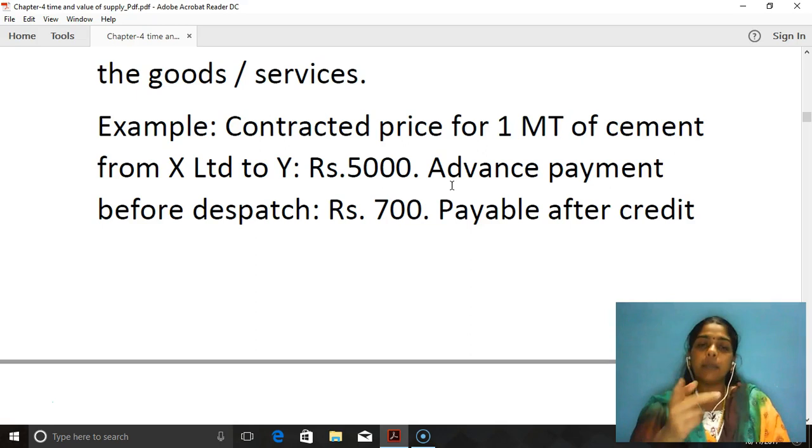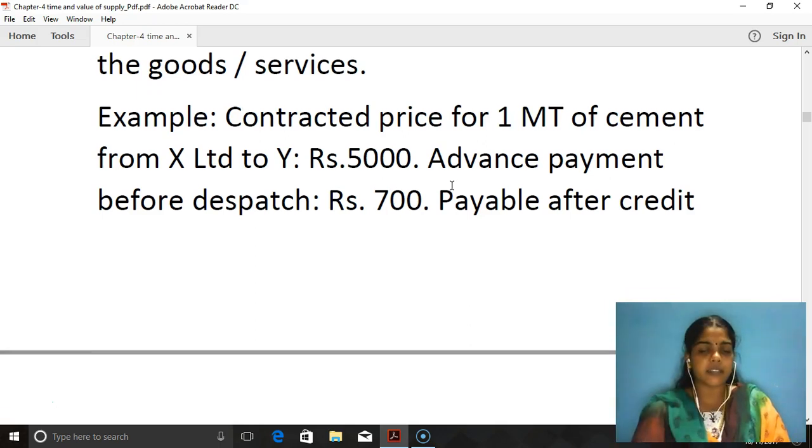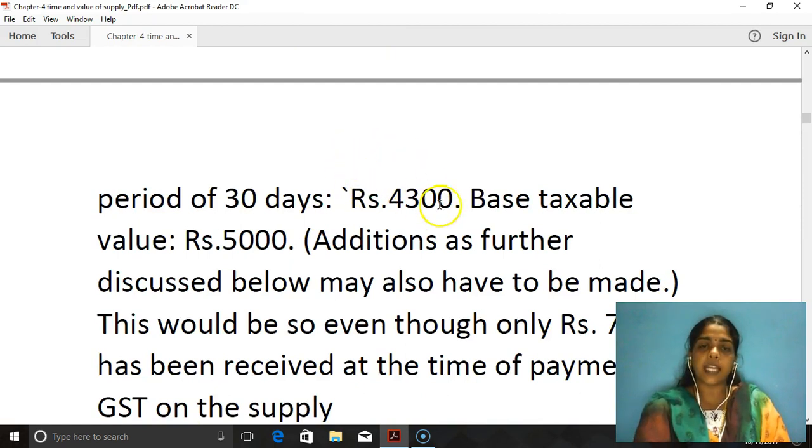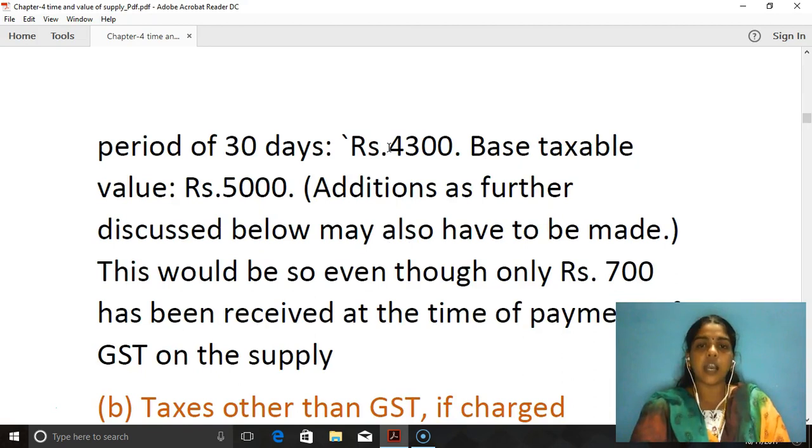What is payable in that case? 5,000 minus 700, that is 4,300. So 4,300 is payable and the advance payment of 700 is paid. The paid plus payable both are included in the transaction value. Base taxable value is 5,000. Additions as further discussed may also have to be made.